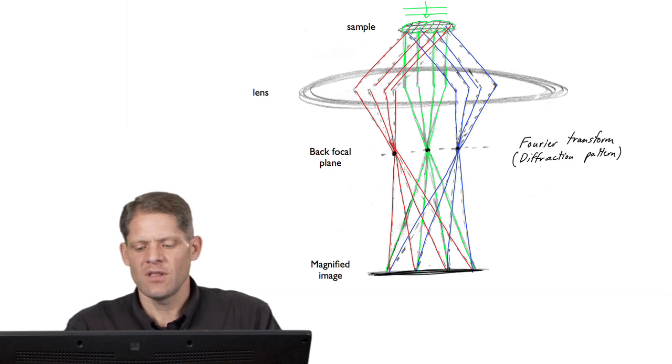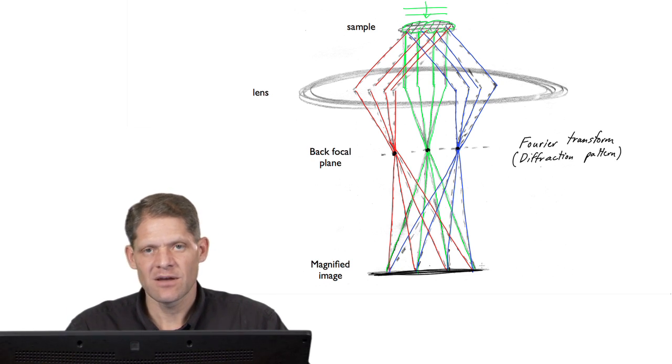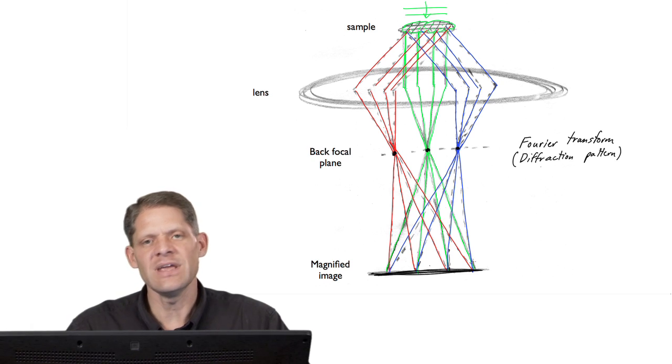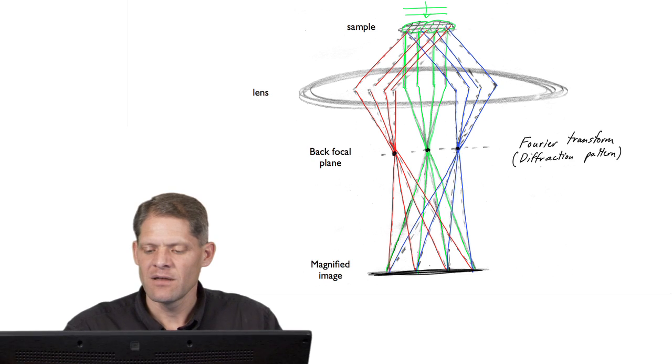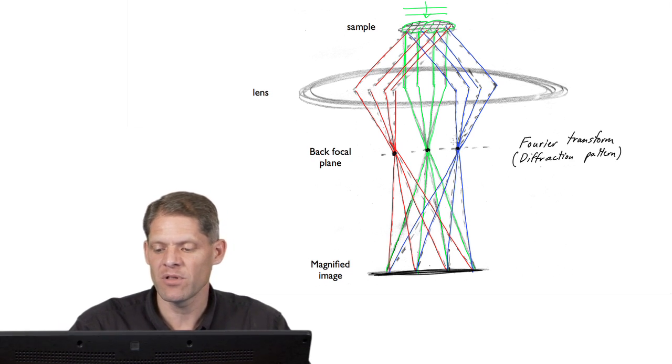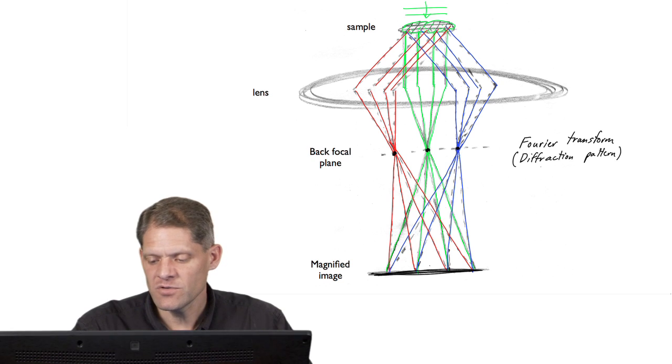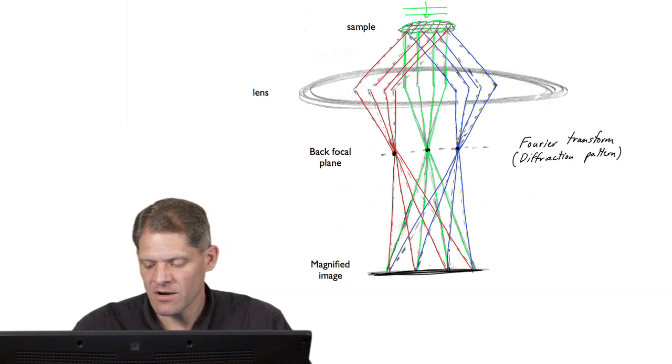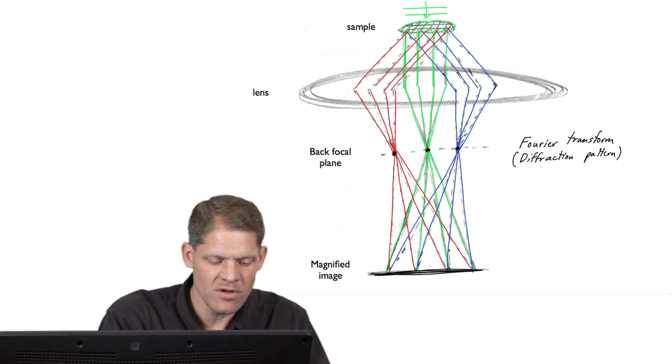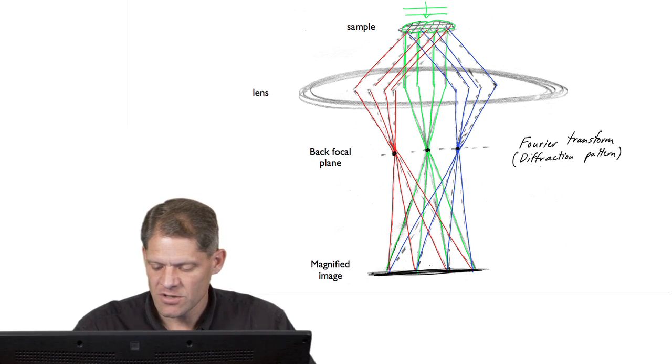In other words, a Fourier synthesis occurs here, or an inverse Fourier transform, meaning that these rays, which represent one particular sine wave that's needed to reproduce the sample, those spread out here and produce a sine wave across the image.